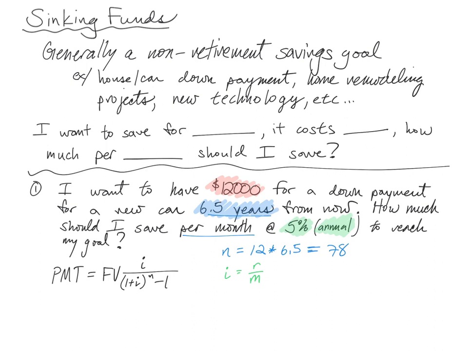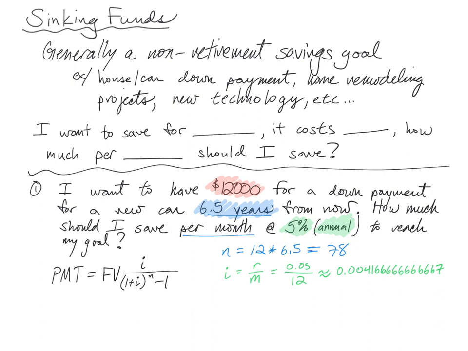Remember, m is the number of compoundings per year. So this is 5%, which is 0.05 as a decimal, divided by 12. And that is approximately 0.0041666, with the sixes repeating, and a 7 at the end.